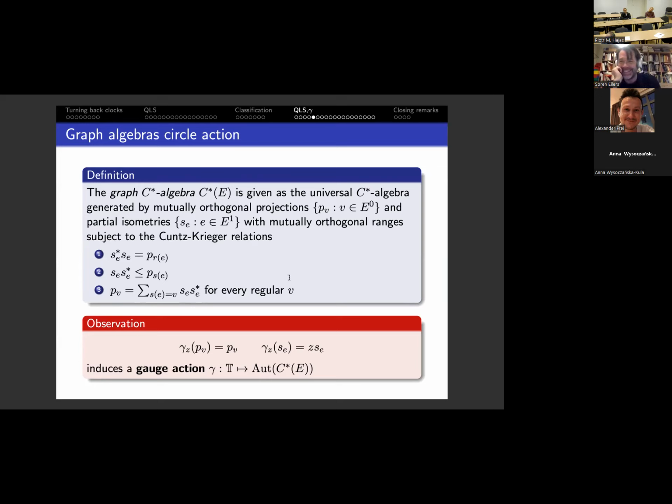Because this statement as here is wrong. It's a corner of a graph C-star algebra. The way this works is that in most cases you would stabilize it, because it's a full corner. So as you stabilize it, you would continue this out to the left, and now things would match up again.